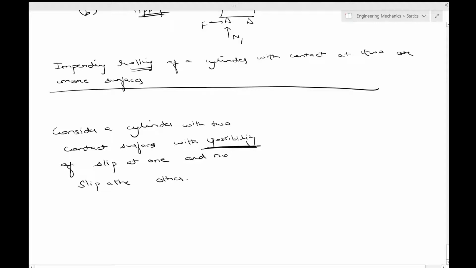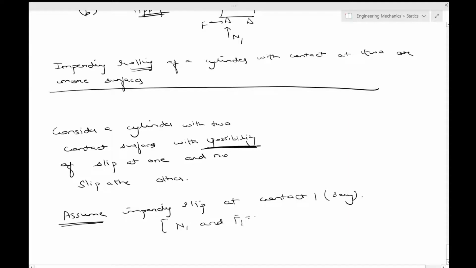Now how do I proceed? Just like in the previous case, you assume impending slip at contact 1. If there is an impending slip at contact 1, then you have the reaction force N1 and F1 is equal to mu S1 N1.